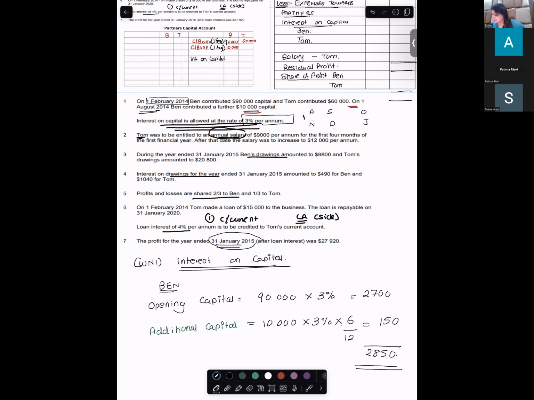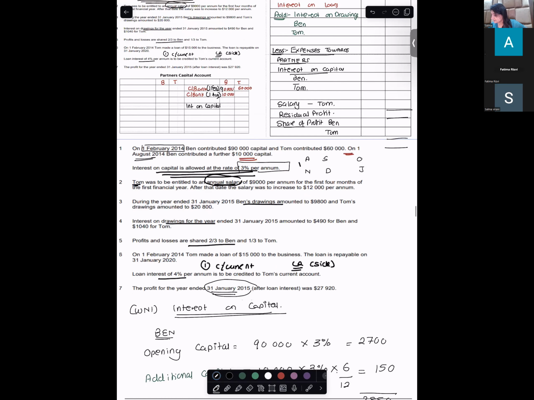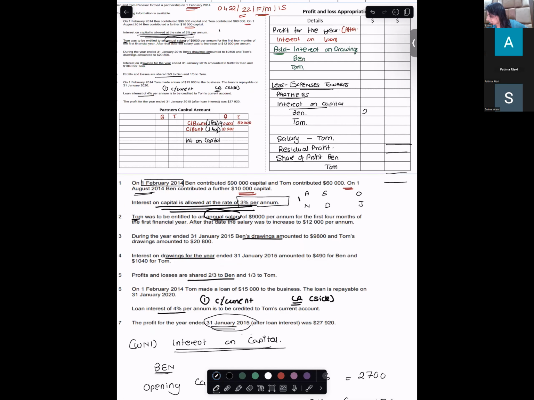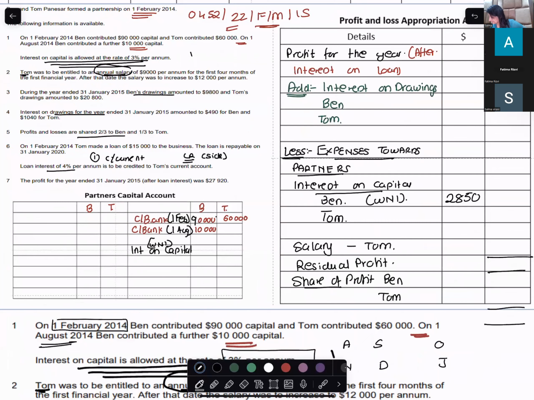Are you with me? Yes, miss. So interest on capital for Ben is 2,850. Working note number 1. With me? Yes, miss. 2,850. And for Tom, is there any additional capital for Tom?